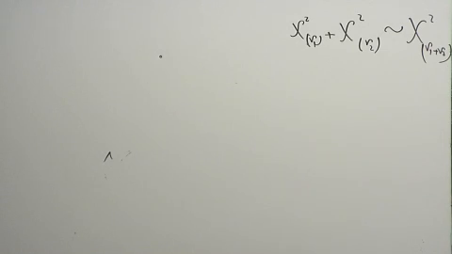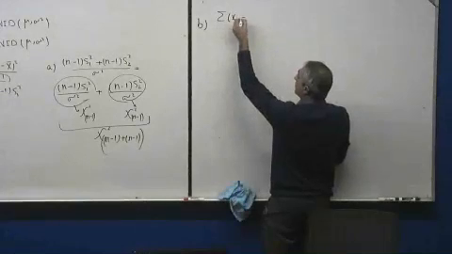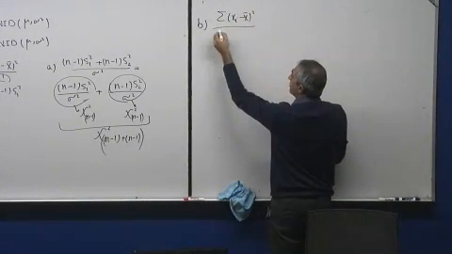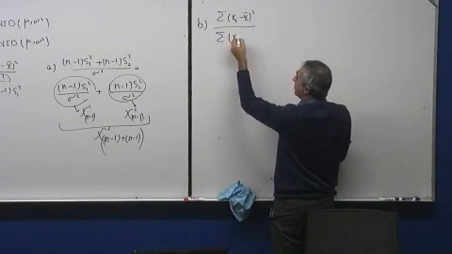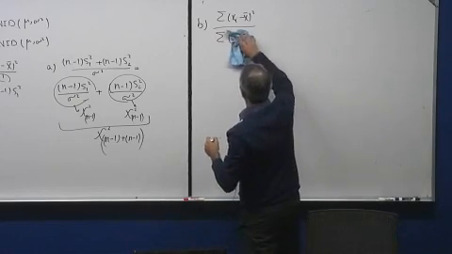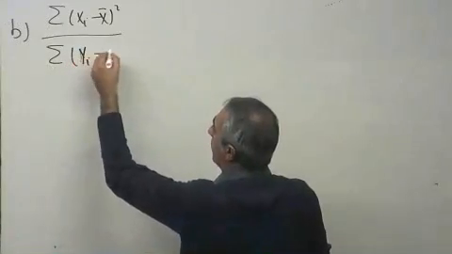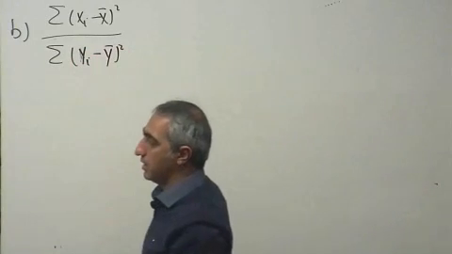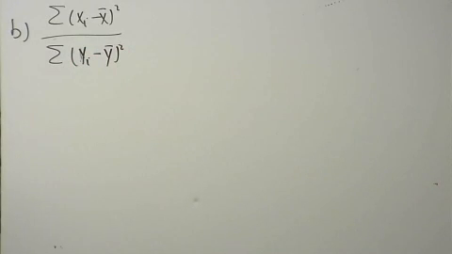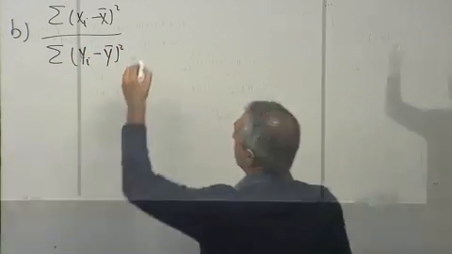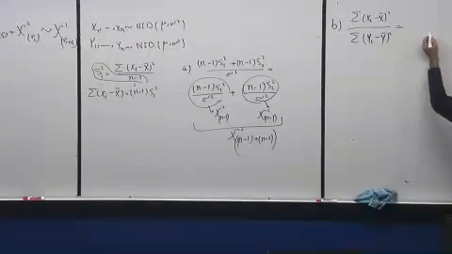Let's see part B. For part B, we have the summation of (xi minus x bar) squared divided by the summation of (yi minus y bar) squared. Again, I'm going to use the same definition of S1 squared.